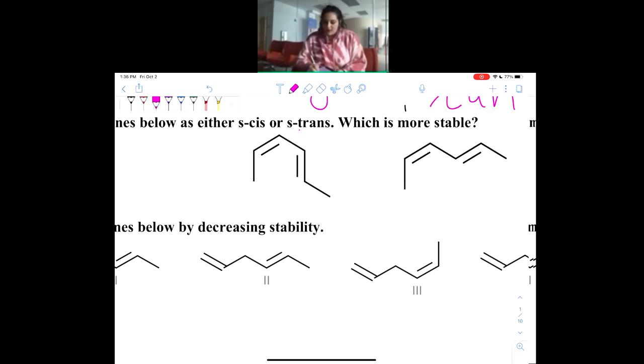So we are going to split the single bonds in the middle, and I'll highlight the double bonds. And so this one that I'm circling right now, is that S-cis or S-trans? Cis, and this would be trans, super.